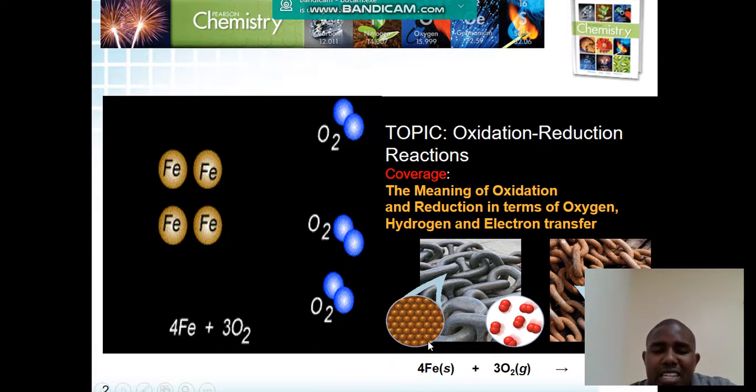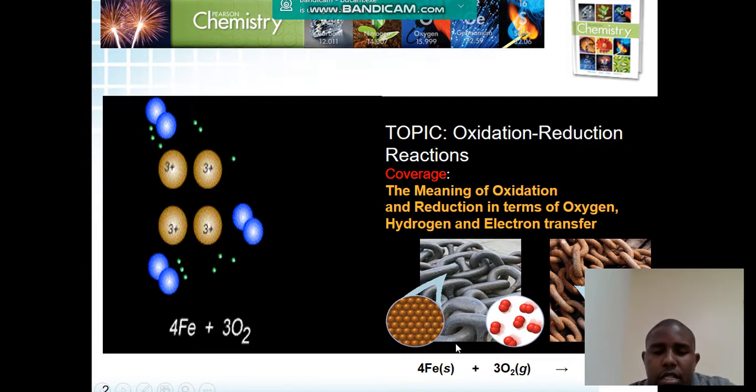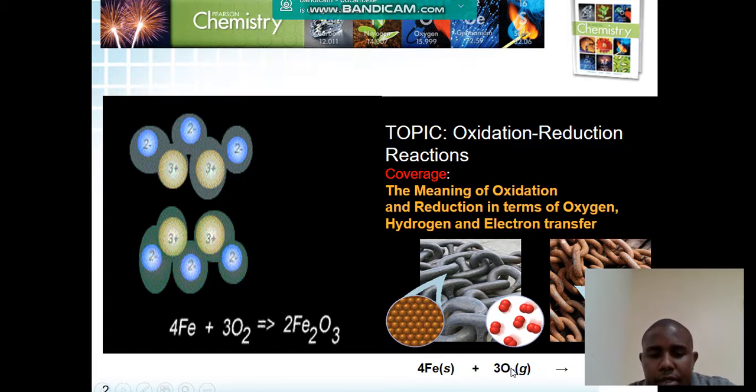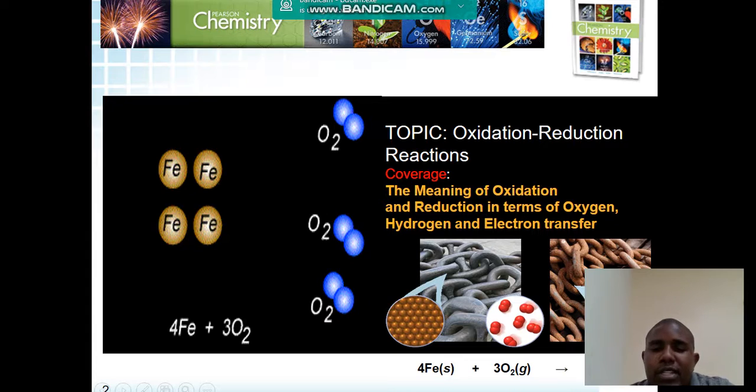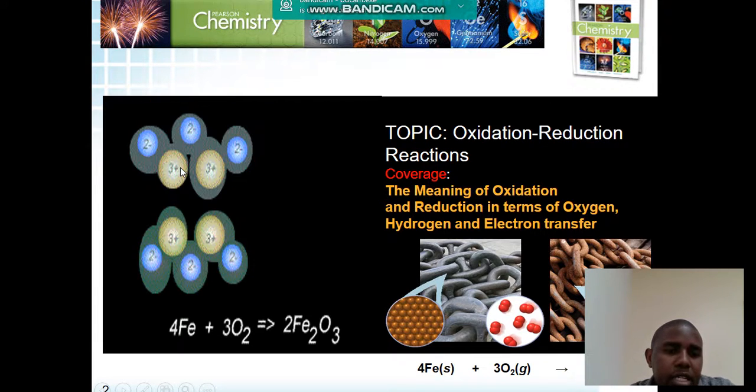We say oxidation is the addition of oxygen to a substance. So in this reaction, oxygen has been added to iron to form iron oxide. As you can see in the animation, the oxygen molecules are added to iron 3 to form iron 3 oxide.